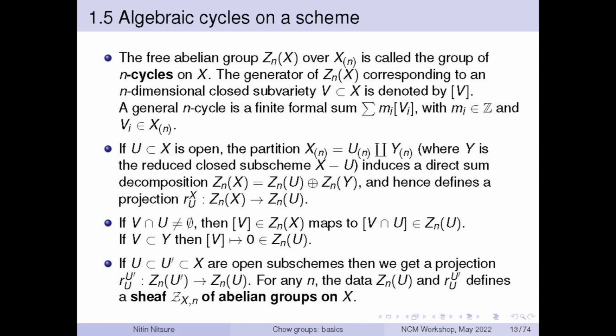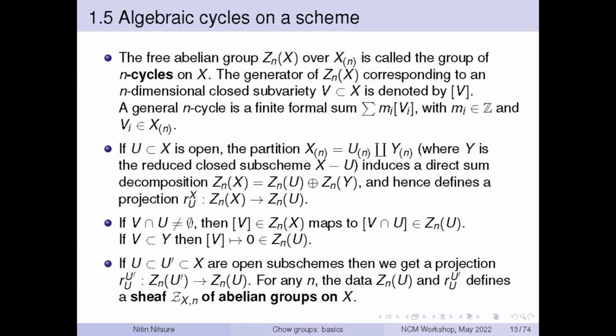You want to look at it geometrically: what happens if I have a variety here and the cycle of this variety? I will not yet talk of classes. So this cycle maps to this cycle of this intersection, okay? And if that is already in Y, it goes to 0.